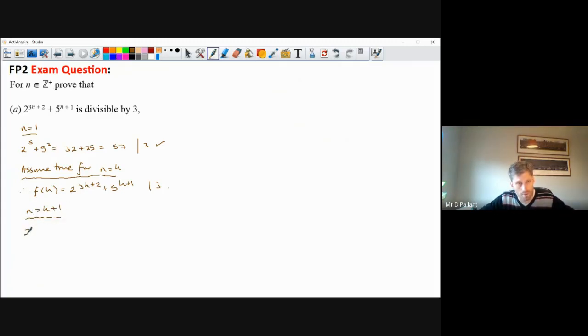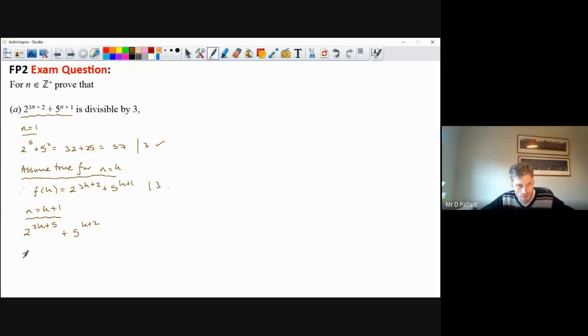So 2 to the power of, that will be 3k plus 3 plus 2, so 2 to the power of 3k plus 5 plus 5 to the power of k plus 1 plus 1 will be 5 to the power of k plus 2. So if we try and get some of the original back in there, I want that power to drop from 5 to 2.